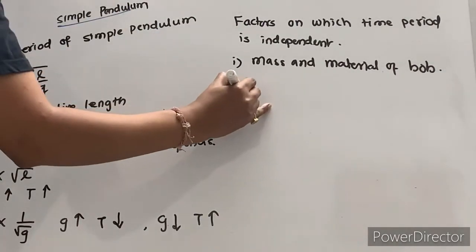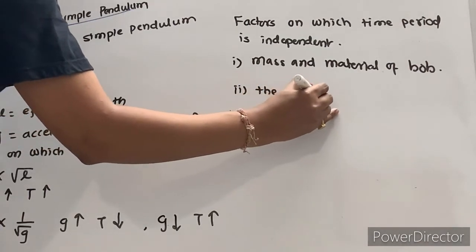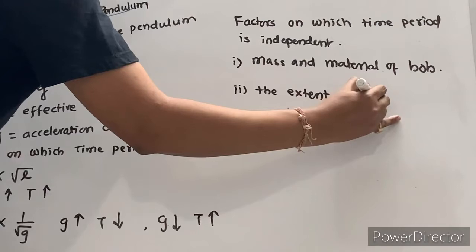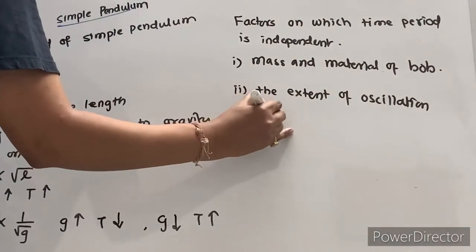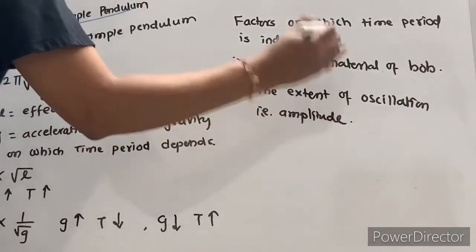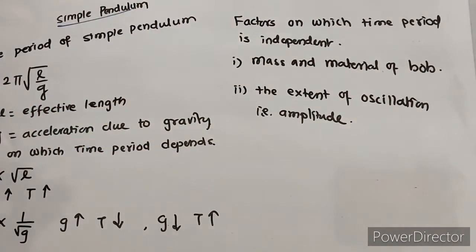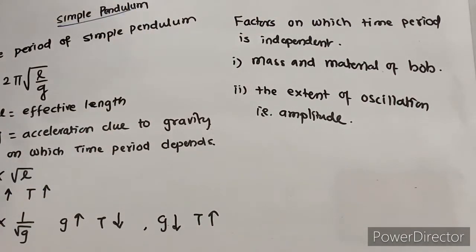And second is the extent of oscillation, that is amplitude. These are the factors on which time period of oscillation depends, and these are the factors on which time period of oscillation is independent.